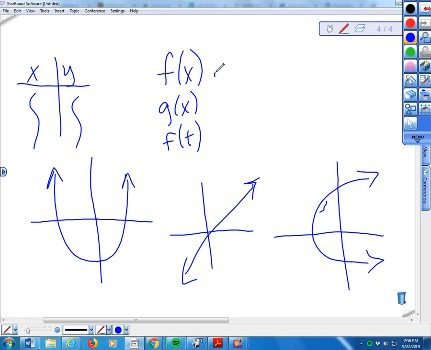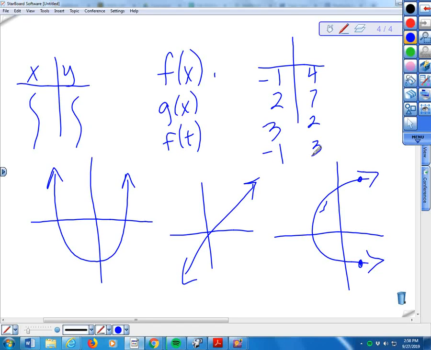When you're dealing with tables of values, what do you notice about, say, a point here and a point here? They both have the same what value? X. So if I have -1 in this case mapped to two different values, that's the equivalent of having the same x value for 2 points.